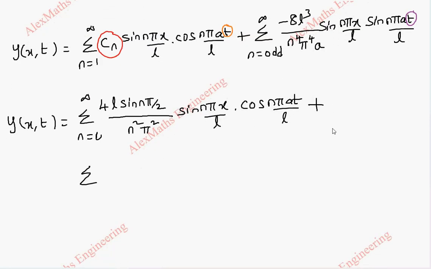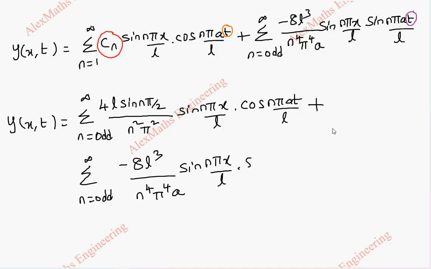Actually this is odd till infinity. N is again odd till infinity. We have minus 8L cube by n power 4 pi power 4 a. Then we have sin n pi x by L into sin n pi at by L.